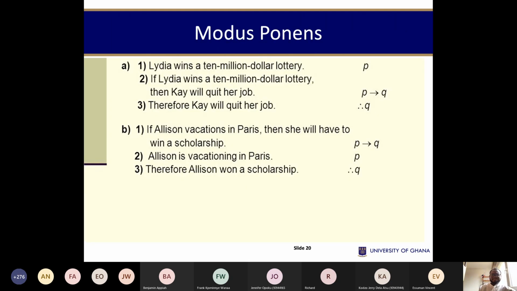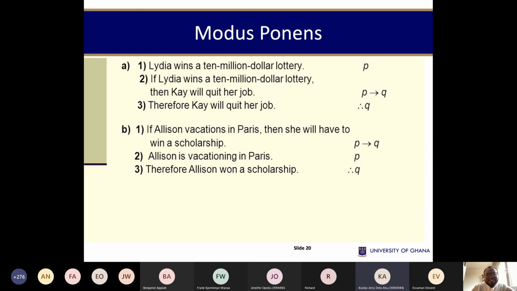What do we mean when we say we are affirming the antecedent? Let's look at this slide. I want you to pay attention to example B. When you see P, Q, or anything, we just use any of the letters to represent a statement.